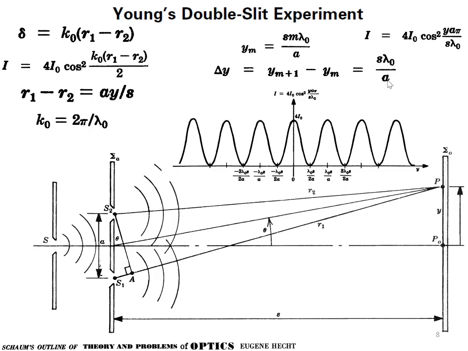It is inversely proportional to a, the separation of the two sources. So if the two sources are close to each other, the fringes will be narrow. So delta y will be small. To obtain narrow fringes, the two sources should be very close to each other.